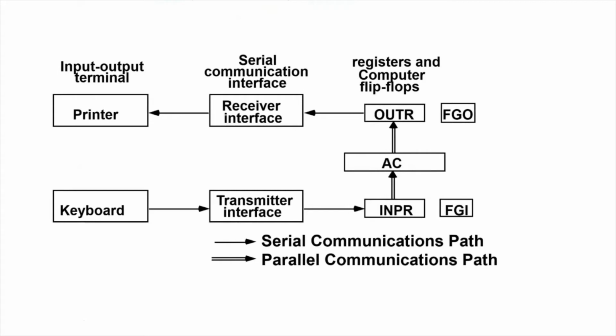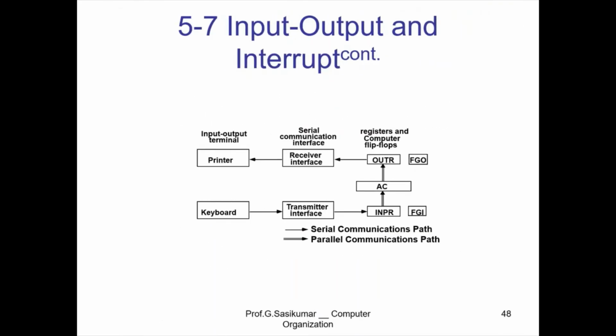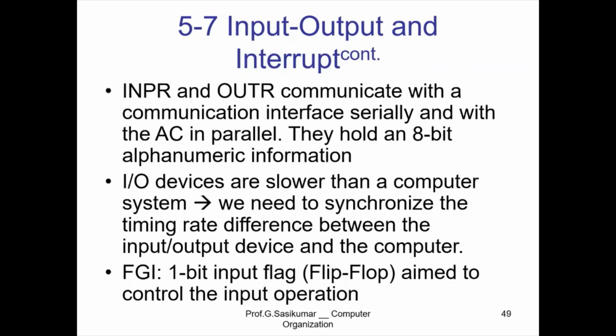To type in your data, take a printout, watch a video, or send an email, everything is based upon interrupt. So how is this flag raised? When a flag is 0, it is not transmitting any information. When the flag is 1, it is always a 1 bit register.